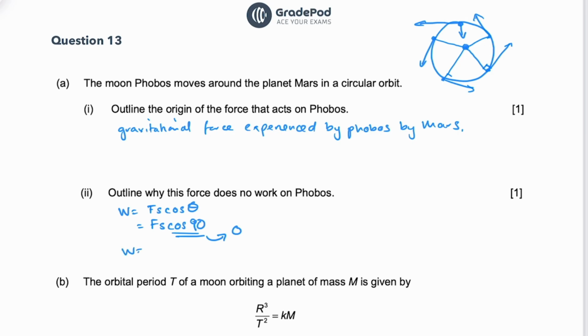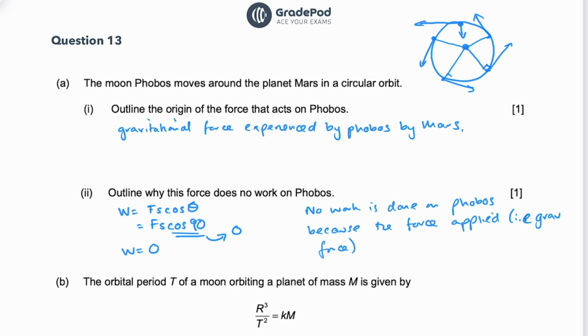That means that the work done is equal to 0. So no work is done on Phobos because the force applied, i.e. gravitational force, is at 90 degrees to the direction travelled.